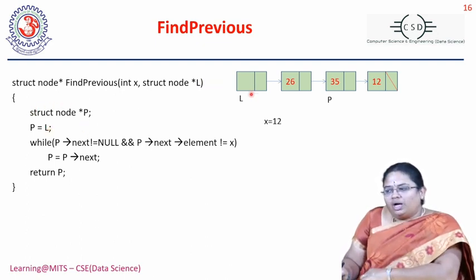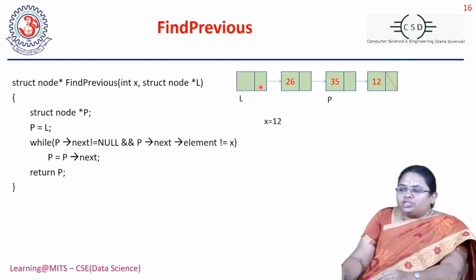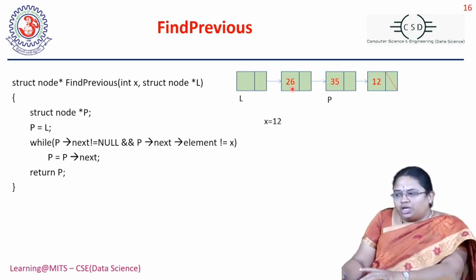From this node, I am checking the value of 26 whether it is equal to x. So P is here, and P next is not equal to null, so there is a next node. The next node's value is not equal to x, so it keeps on moving.